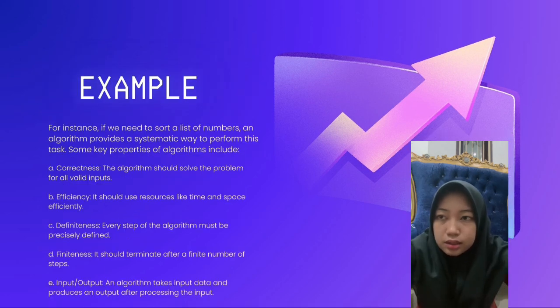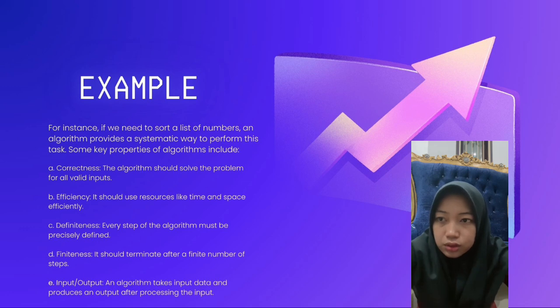For instance, if we need to sort a list of numbers, an algorithm provides a systematic way to perform this task. Some key properties of an algorithm include: A. Correctness. The algorithm should solve the problem for all valid inputs. B. Efficiency.